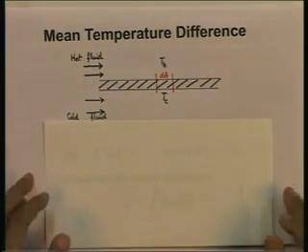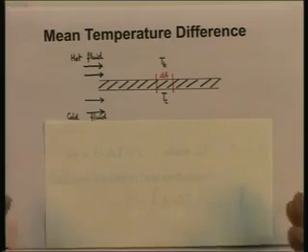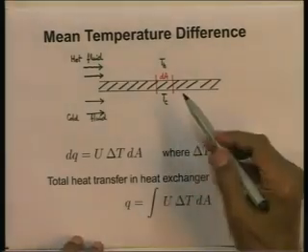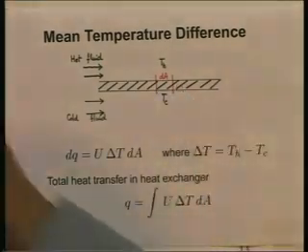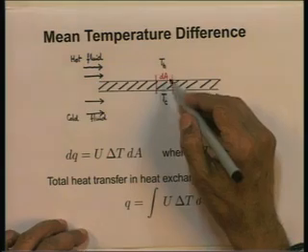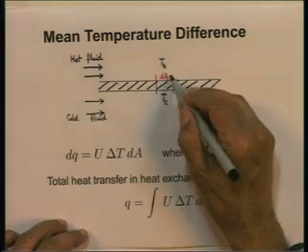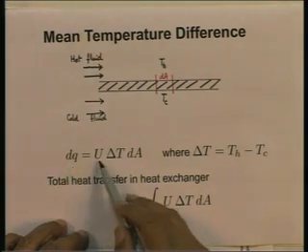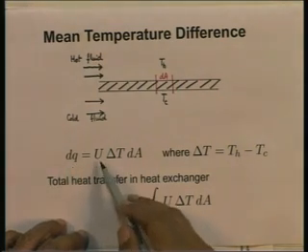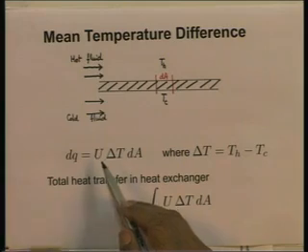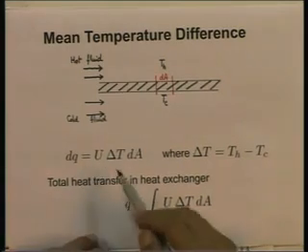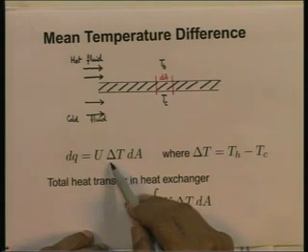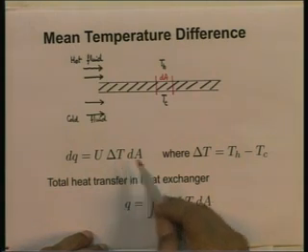Now, we know from our knowledge of heat transfer that the heat transfer rate dQ across this elementary area dA is given by U, the overall heat transfer coefficient, which may consider fouling, multiplied by Th minus Tc, which we are calling delta T, multiplied by dA.